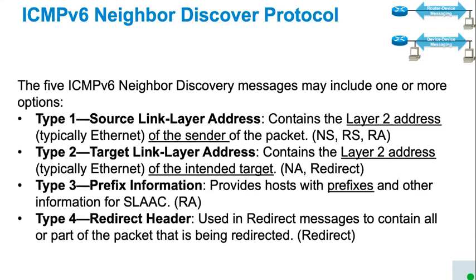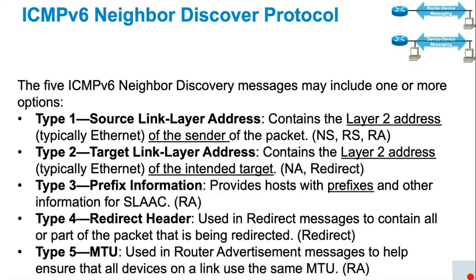We'll see how this is used in another video as well at the end of this set of videos. But it's basically just letting the other end know that there's a better way to forward these packets.